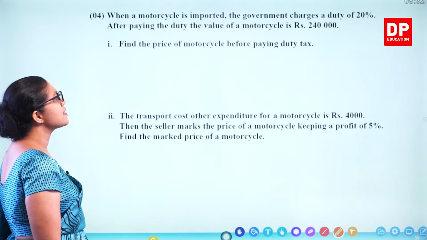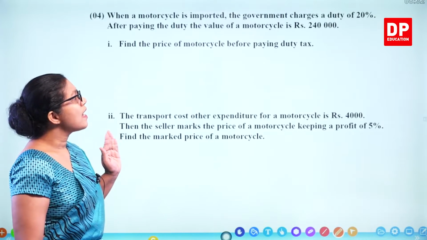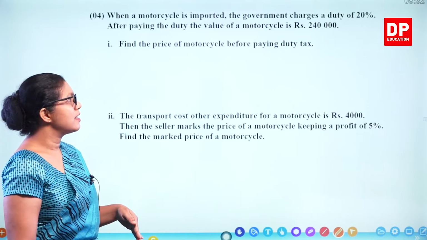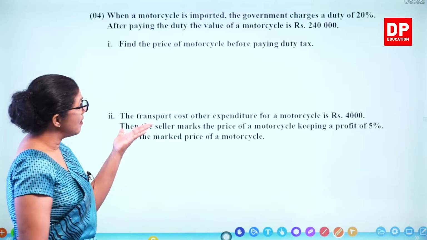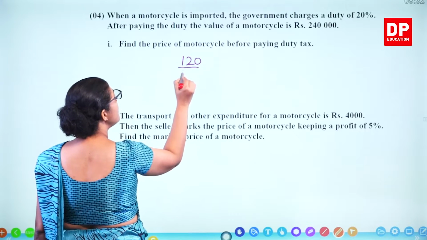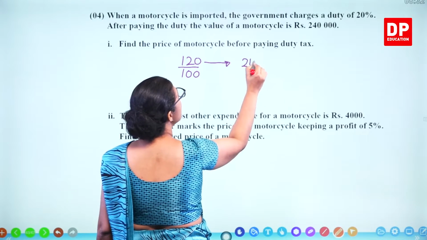Find the price of the motorcycle before paying duty tax. So if it's 100, with the duty tax you have to pay 120. That's the final value given. So 120 over 100, the value given is 240,000.